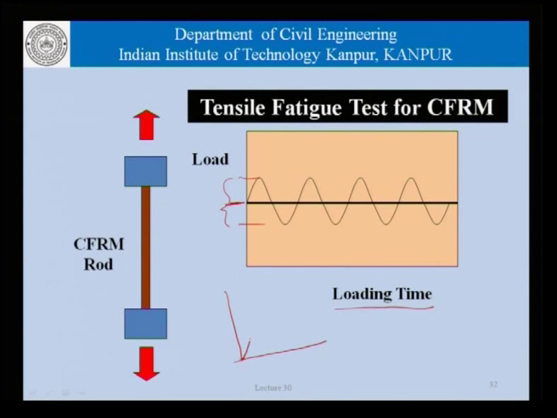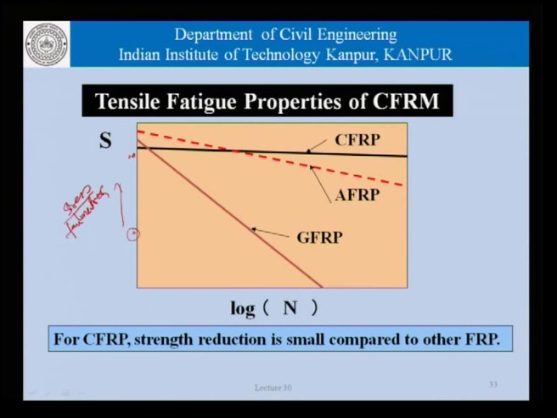If this is the stress strain curve of the material and the applied load is being varied at this point versus at that point, this one is at a lower stress level and this is at a higher stress level, and that is what is represented by these 2 points along the y axis.